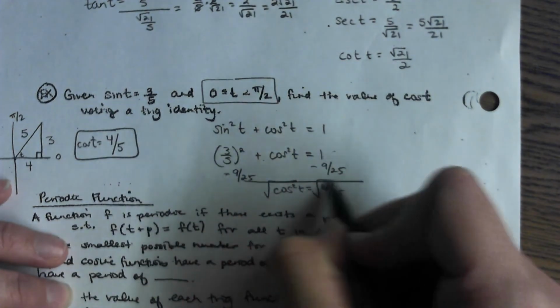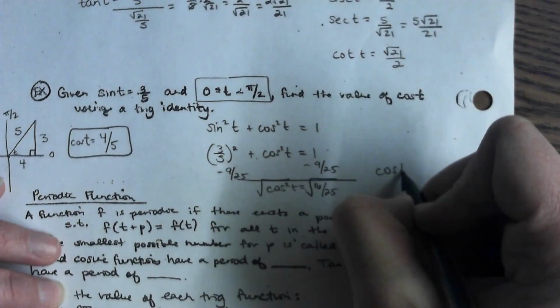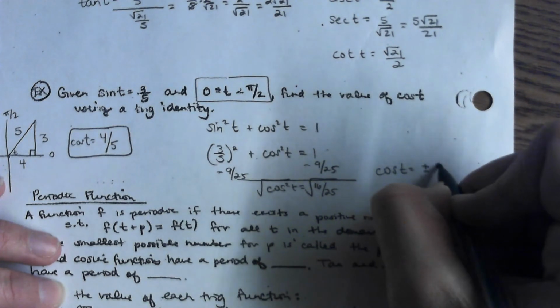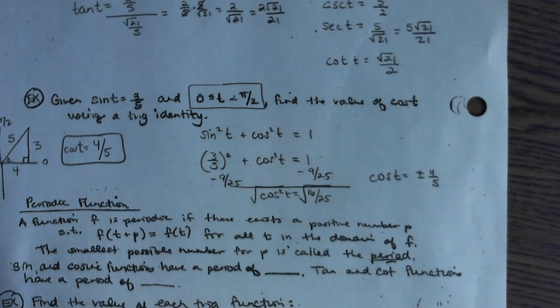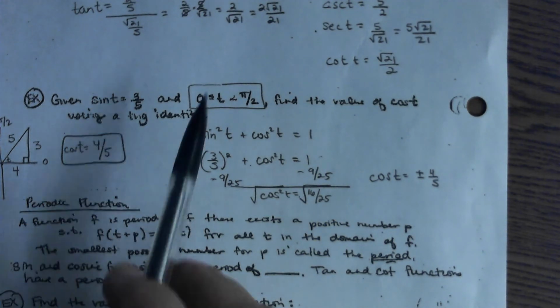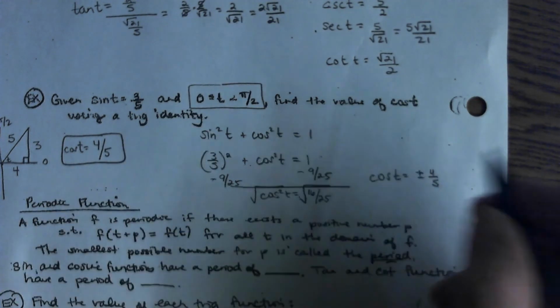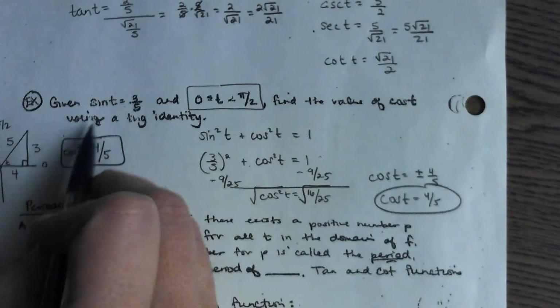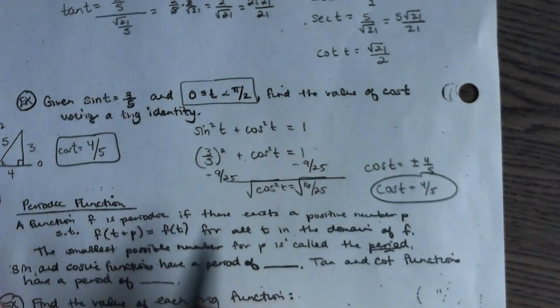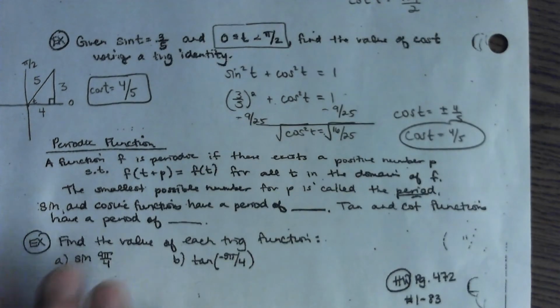I take the square root of both sides, and the cosine of t equals plus or minus 4/5. How did I know it was positive and not the negative? Because I'm in quadrant 1, and cosine has to be positive. So when they said using a trig identity, that's the version and the method they were talking about.